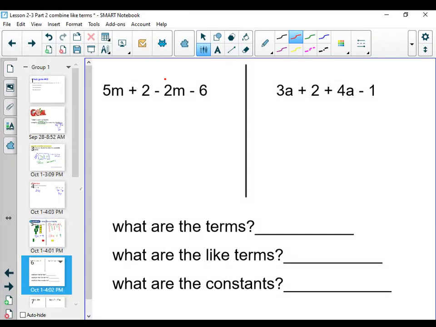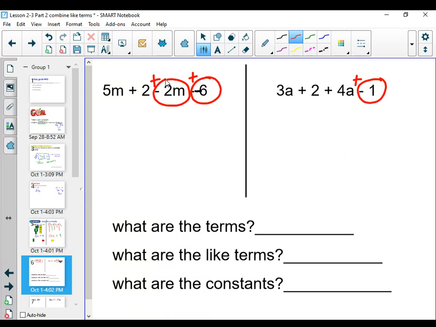So right here, that is actually a negative 2m, and I squeeze in a plus. Right here, this is actually a negative 6, and I squeeze in a plus. Way to the right, that's actually a negative 1, and I squeeze in a plus.